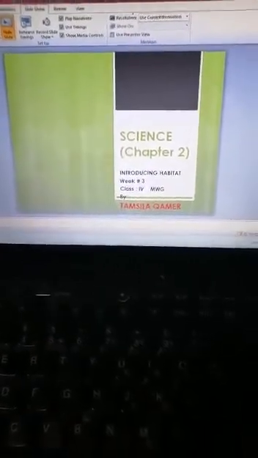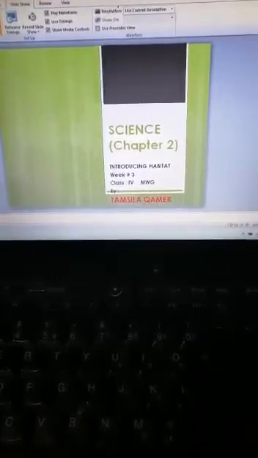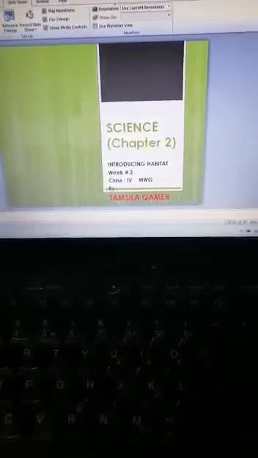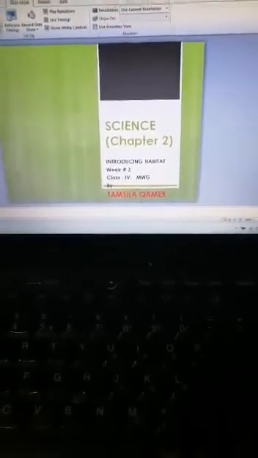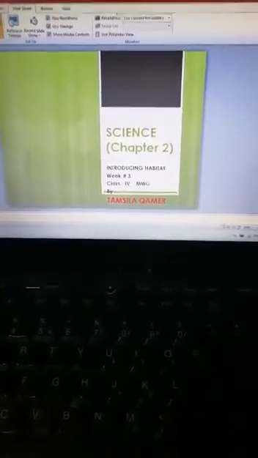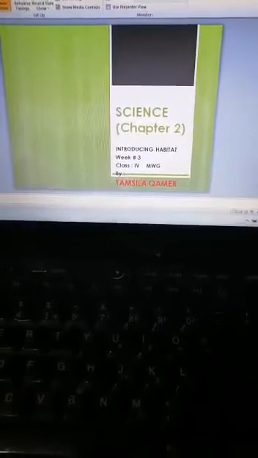Today the topic is introducing habitat. As we already learned, a habitat is the living place of any organisms, and organisms include both animals and plants. There are a few factors that must be there for creating or maintaining any habitat.